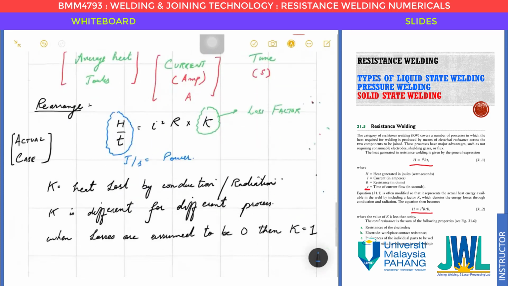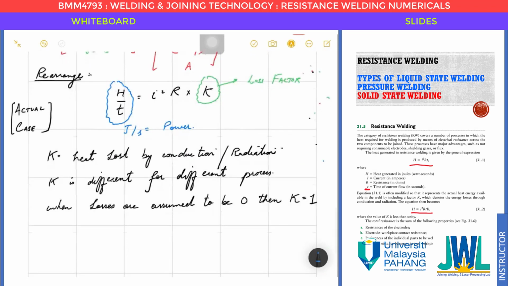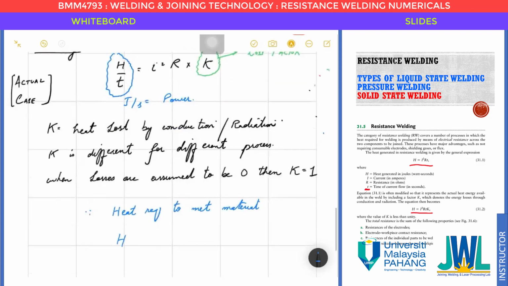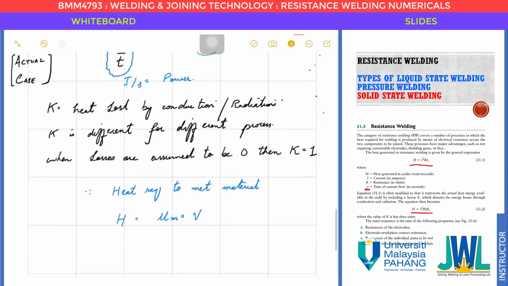In the previous arc welding videos, if you have gone through them, you should know that the heat required to melt the material, that formula is H is equal to mu m into volume.